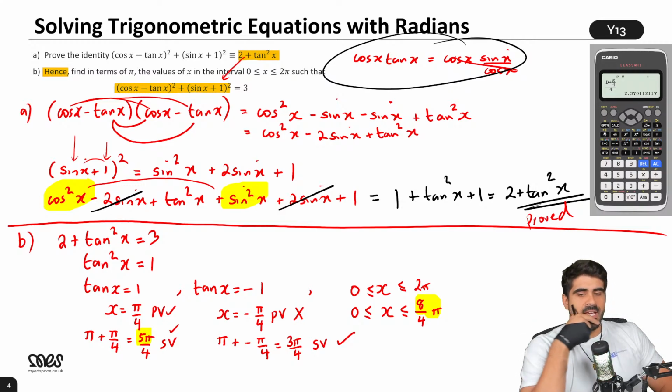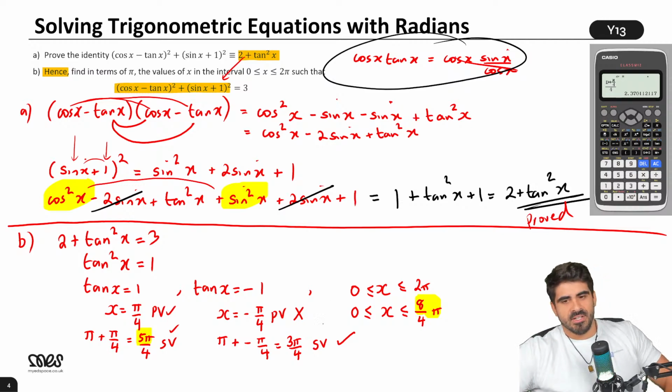Here you're seeing the primary value is not in the range. So add 2 pi to which value? The PV or SV? Not the SV, it's going to be too big.